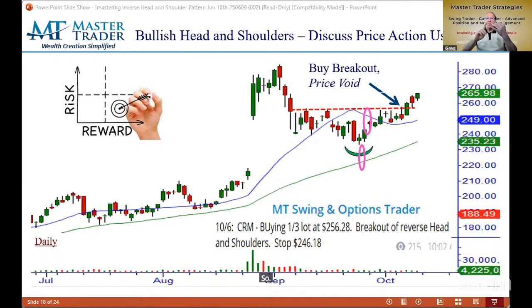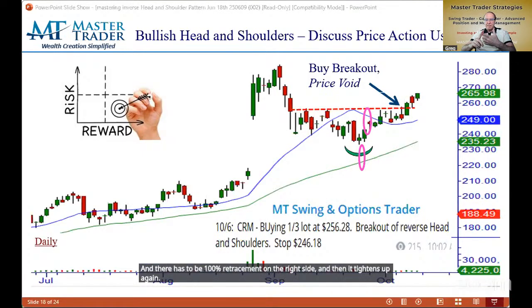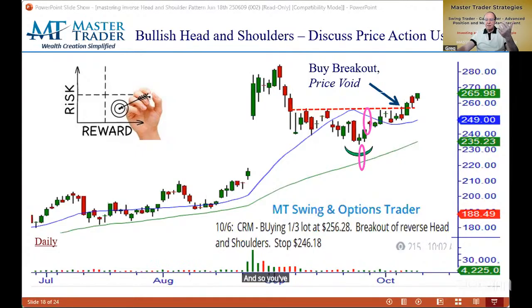So we covered loose versus tight, the head being a push down, right, making a lower low. And there has to be 100% retracement on the right side, and then it tightens up again. And so you've got this correction through time.